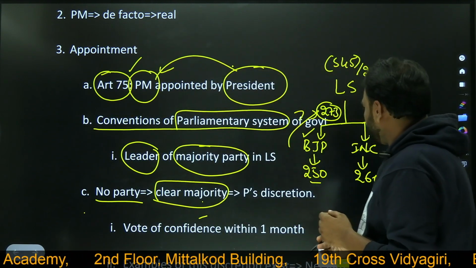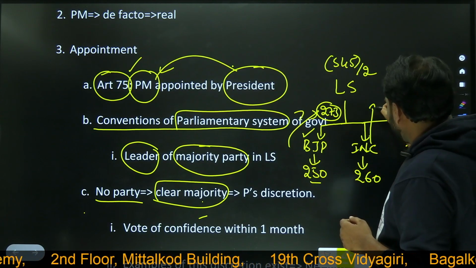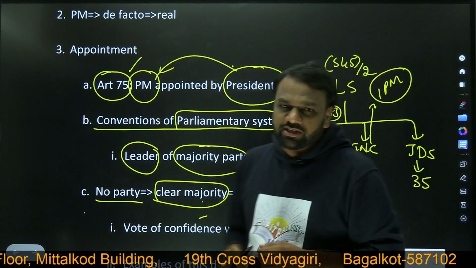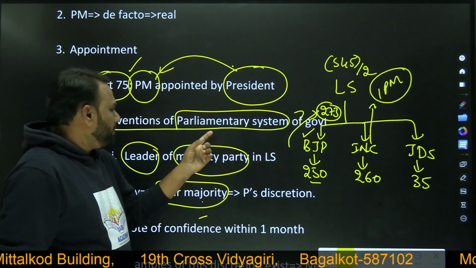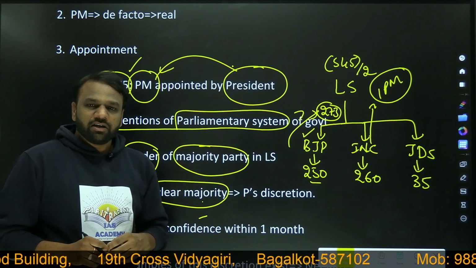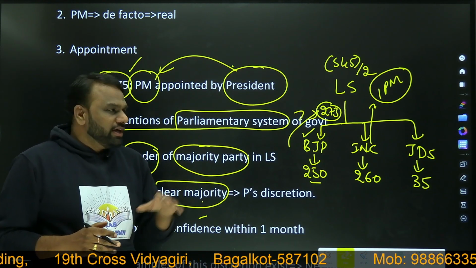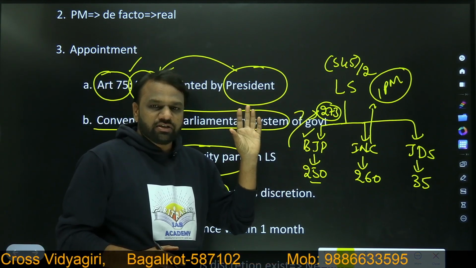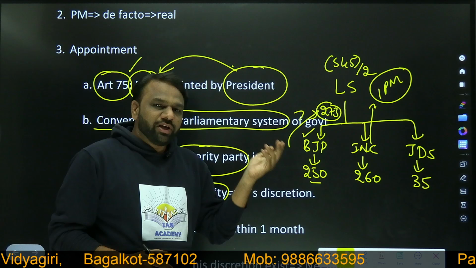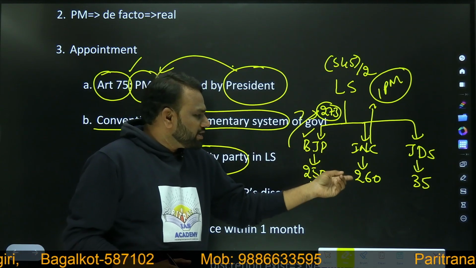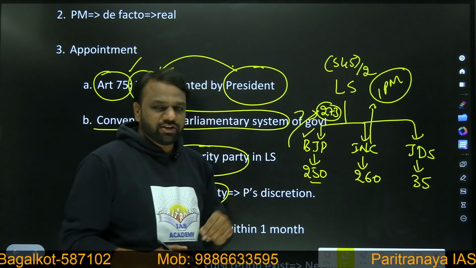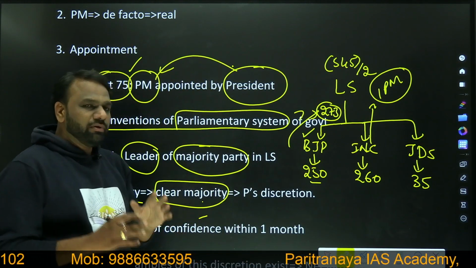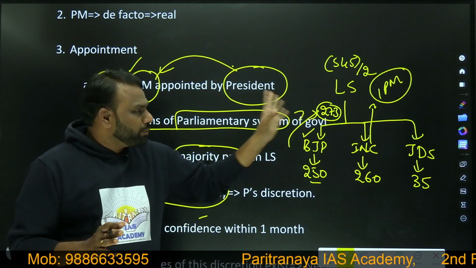Let us assume a person from Indian National Congress has been appointed as Prime Minister by the President. The President has the discretion, so according to his wish he can appoint a person of BJP, Congress or JDS. He appoints a person of Indian National Congress and gives that Prime Minister one month of time. Within that one month, he has to prove his majority.